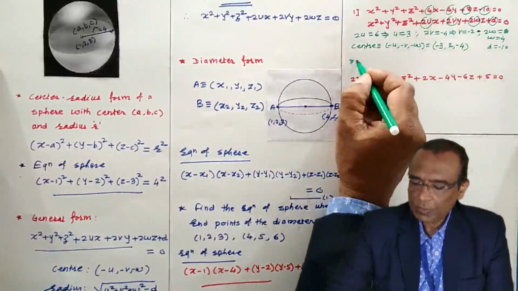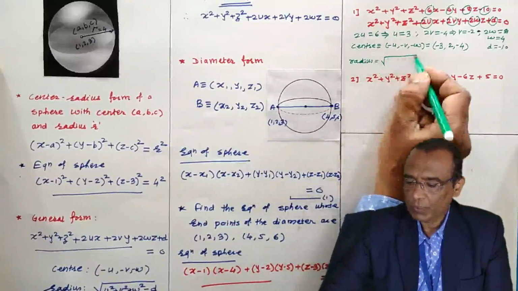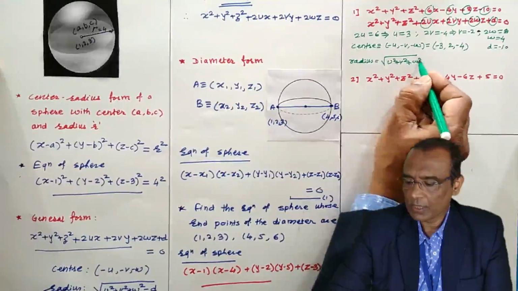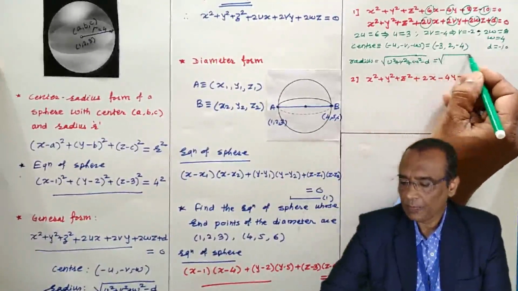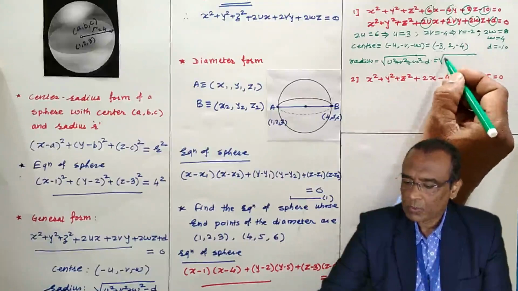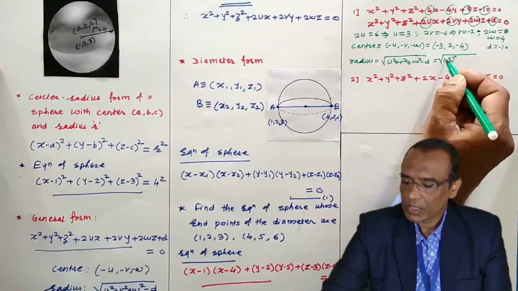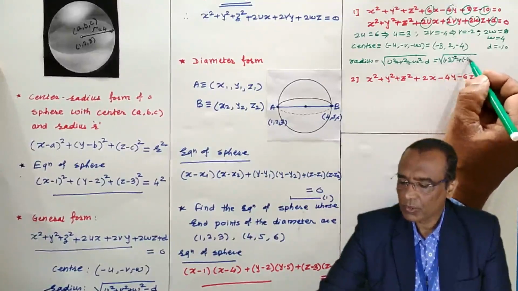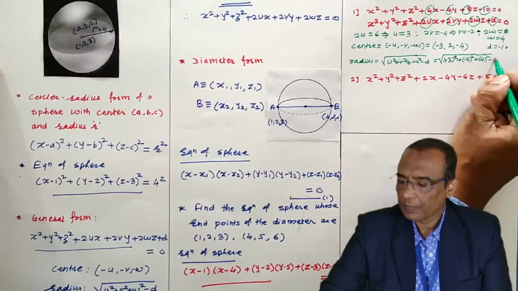And the radius of the sphere, the formula for the radius is the square root of u square plus v square plus w square minus d. Putting in the values of u, v, w and d, u square is minus 3 square, or 3 square you can say, v square is minus 2 square, w square is 4 square, and minus of d.